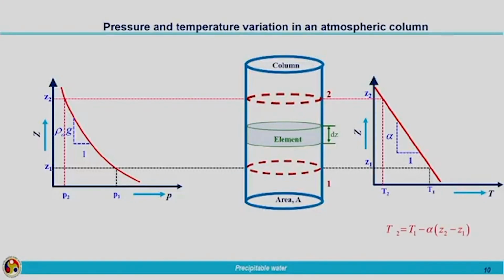So, the temperature relationship is T2 is equal to T1 minus alpha multiplied by Z2 minus Z1, and pressure P2 is given by P1 multiplied by T2 by T1 to the power of g by R alpha. I hope the relationship between P1 and P2 and T1 and T2 is clear to you.